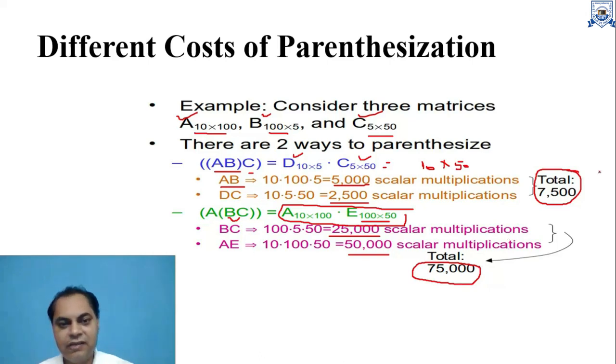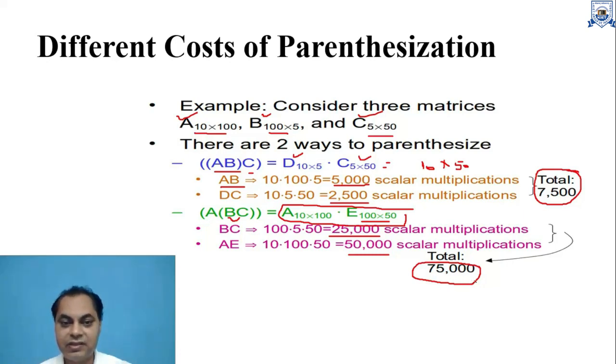As you can see, we have a chain of size three. That means we have to multiply three matrices, and the total number of possible ways is 2. And when we find out the scalar multiplications, in one case we have only 7500, in the other case we have 75,000.